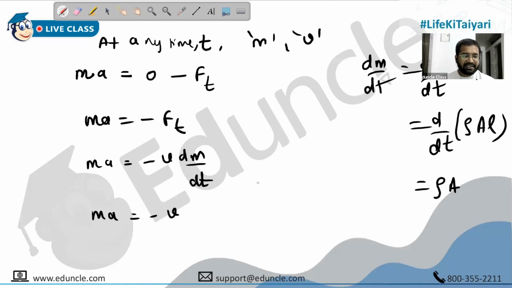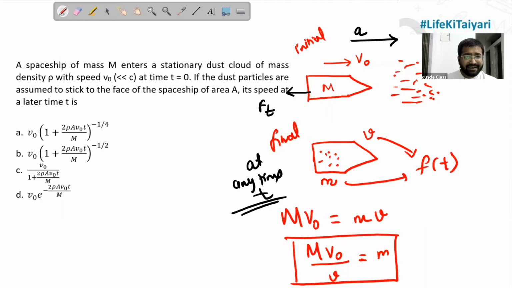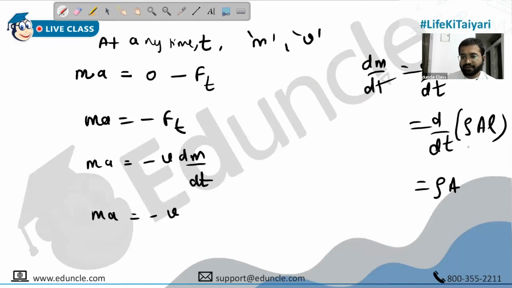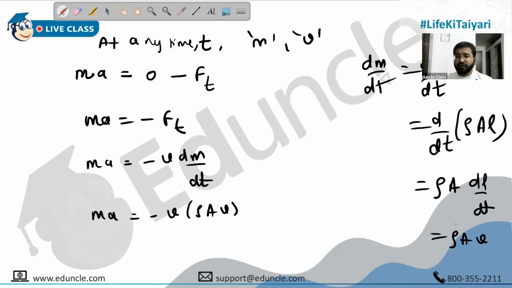We are assuming it's a cylindrical spaceship because they have mentioned that it has area A. So rho A into dl by dt. dl by dt, that becomes v, people, the rate of change of length with respect to time. So dm by dt is rho A v. We have done this quite a few times during classes.